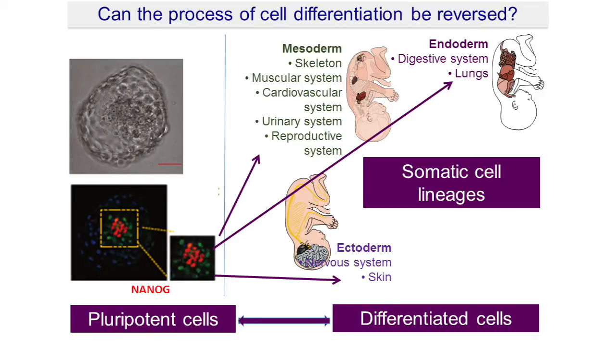So the question is, can the process of differentiation be reversed? When I was showing you embryonic development, I showed you how the small pluripotent population formed all the cells in the body through differentiation around the time of implantation. So in order to get an isogenic cell line, we're going to ask whether a differentiated cell can be returned to the state of pluripotency.